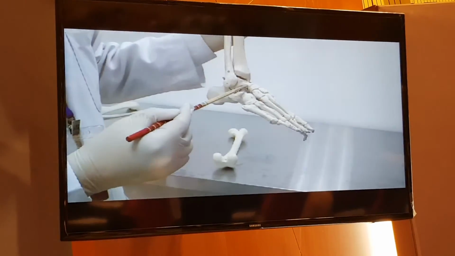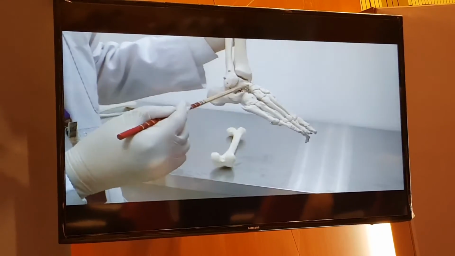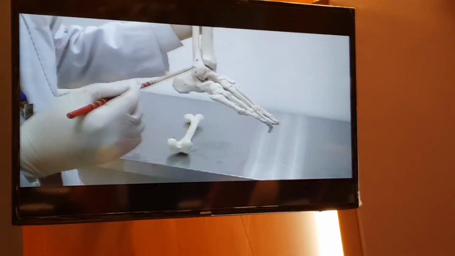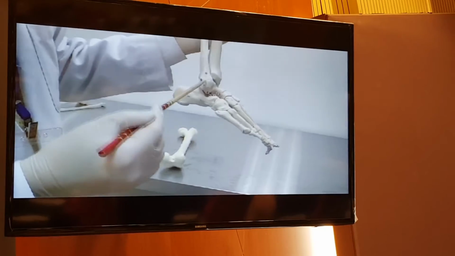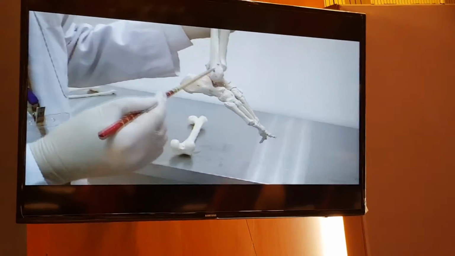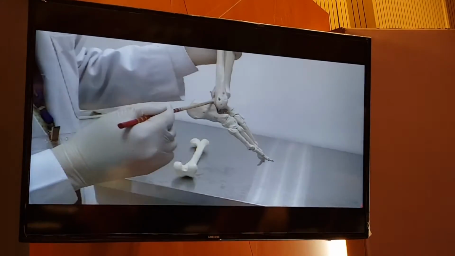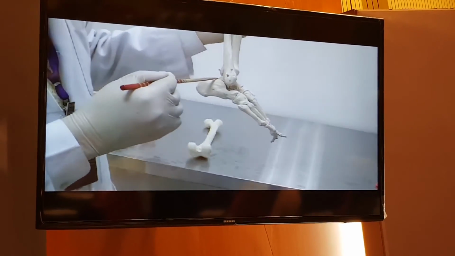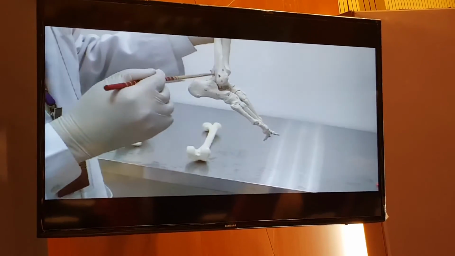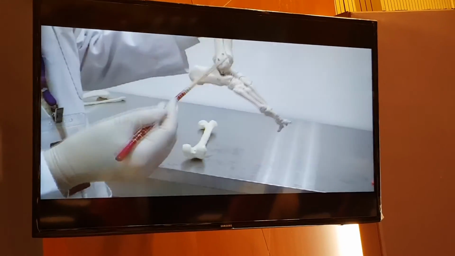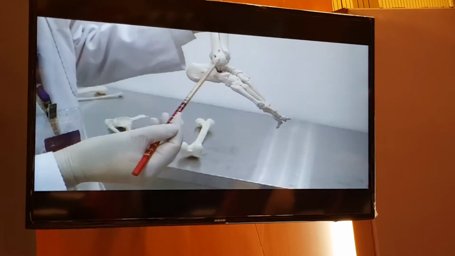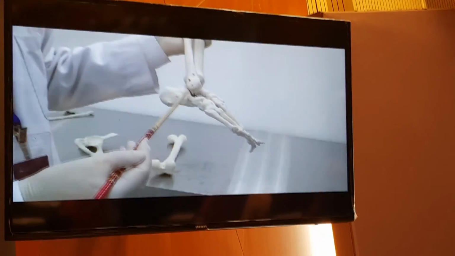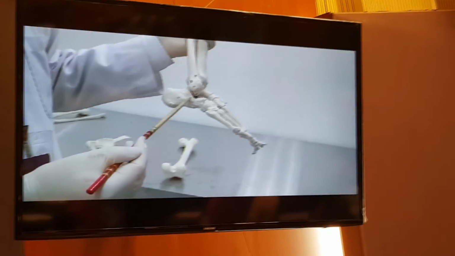One goes anteriorly to the anterior part of the talus, called the anterior talofibular ligament. Another one goes from the fibula to the posterior part of the talus, the posterior talofibular ligament. And the third one is attached from the lateral malleolus to the calcaneus, called the calcaneofibular ligament.